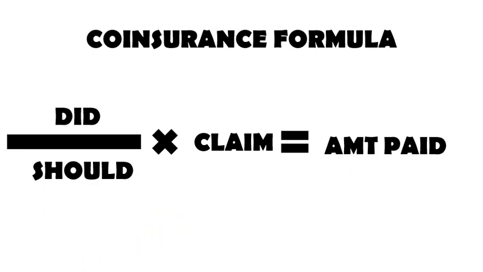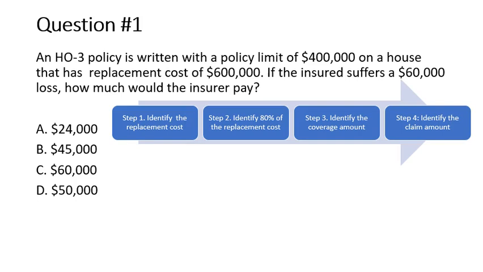So let's do it. I put in the steps here. First, identify the replacement cost, which is $600,000. We also want to identify 80% of the replacement cost. That's the whole point of identifying the replacement cost: we want to know what 80% of it is.